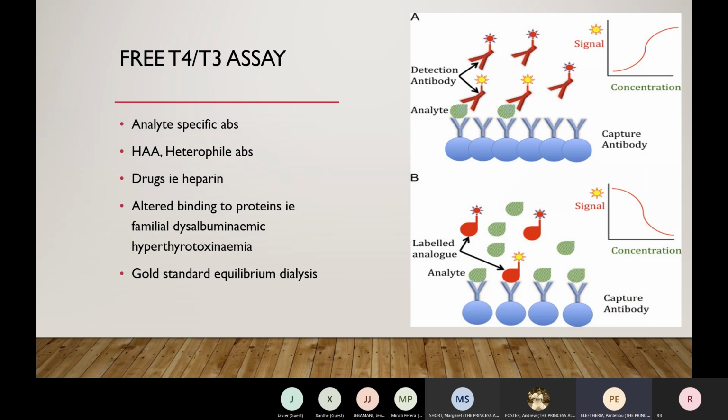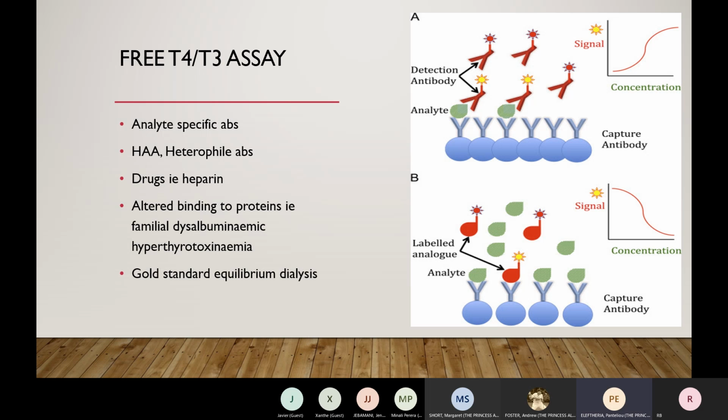So TSH interference was top of the list, and T4, T3 is measured in a very similar way to the TSH assay we described earlier. It's an immunometric sandwich technique: you need 2 antibodies, one capture antibody in the solid phase, and one in the liquid phase, which is labeled, and the emitted light is measured and quantified.